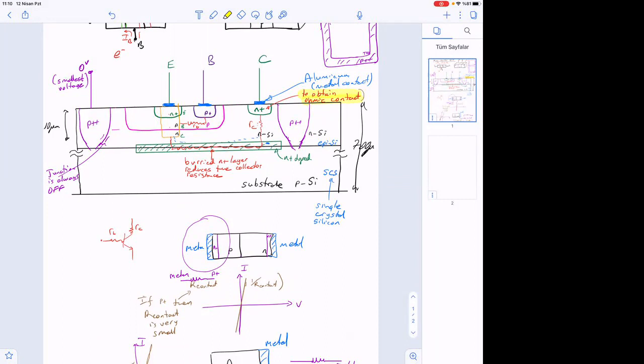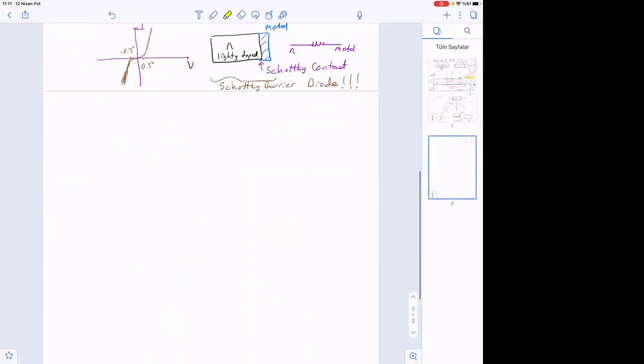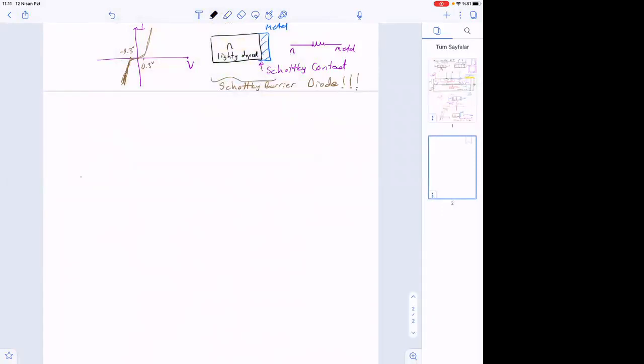Now, this is the standard BJT. If we want to make a multi-emitter BJT, sometimes that's what we will need. So we will take this, okay, and maybe this, and this one.